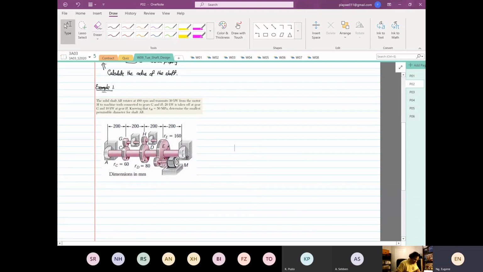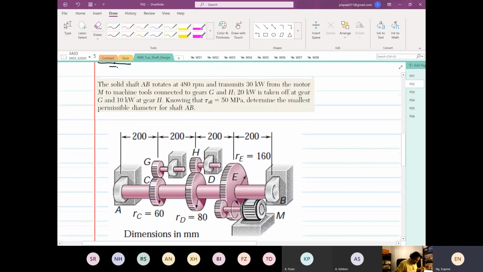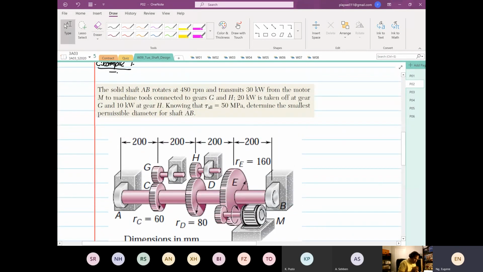So this is our system. The solid shaft AB rotates at 480 RPM, and it transmits 30 kilowatts of power from the motor M.